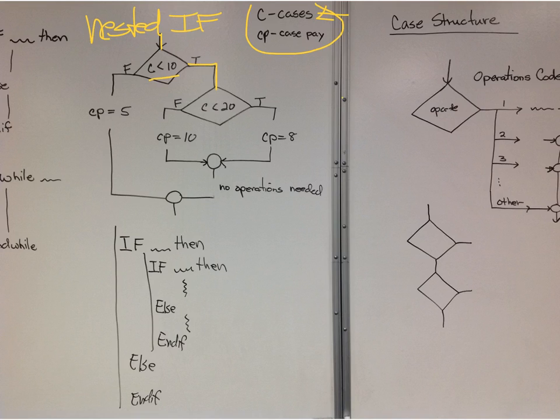If that's true, then I checked cases less than 20, then we pay back 8. If this is false, then we know we're paying them 5 per case. And if this one's true and this one's false, then it must be over 20, and we pay them the 10. So what we do is we assign these values depending on the structure.